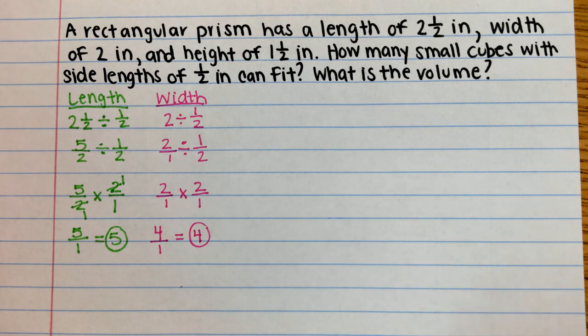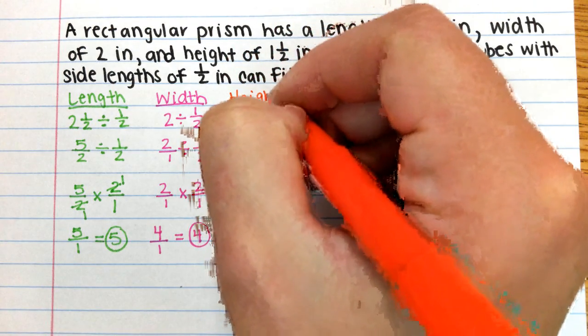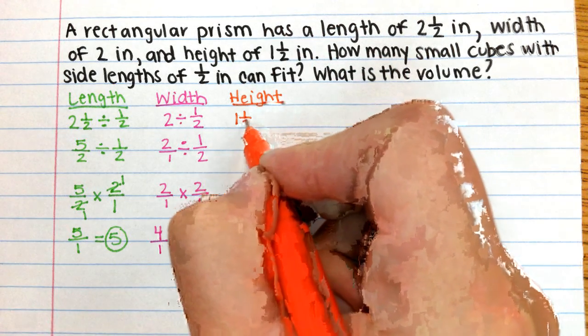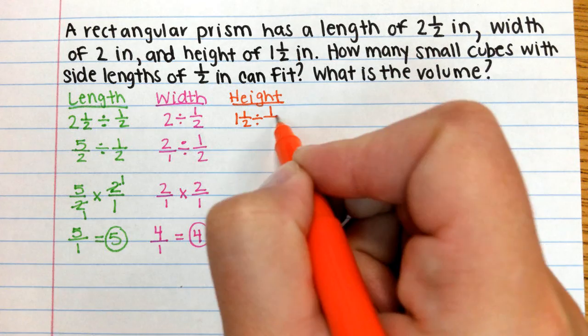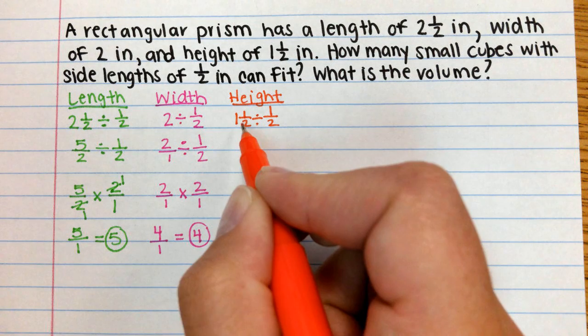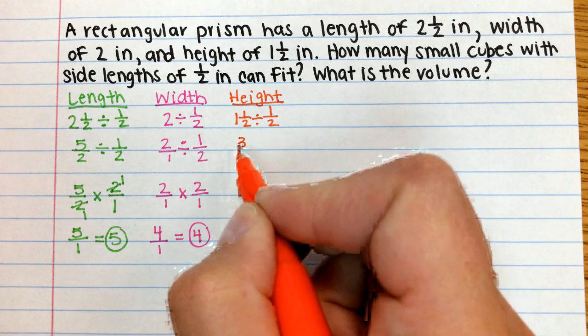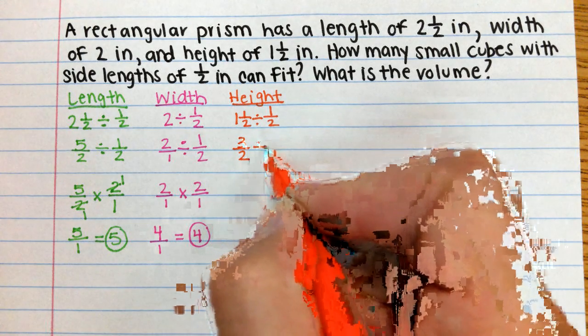Now I have my height. My height is 1.5 inches, so I'm going to take 1.5 and divide it by 1/2. I need to change my 1.5 to an improper fraction, so 2 times 1, 2, plus 1, 3. So 3 over 2.